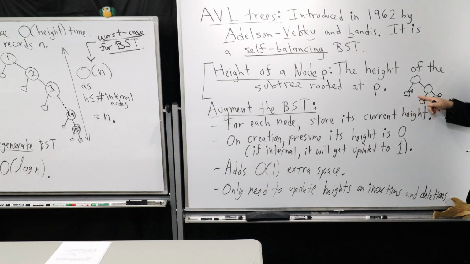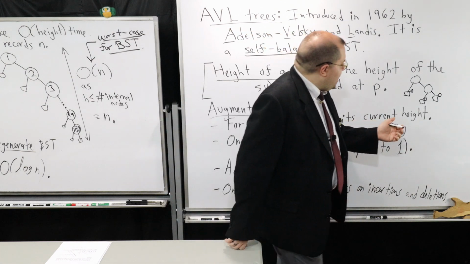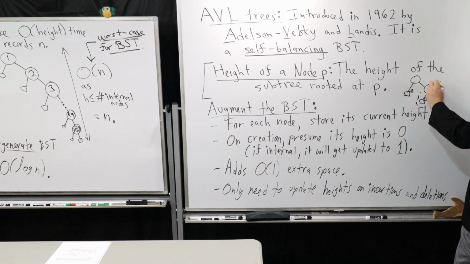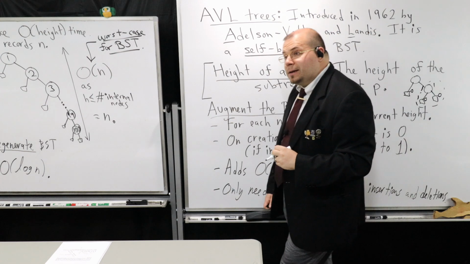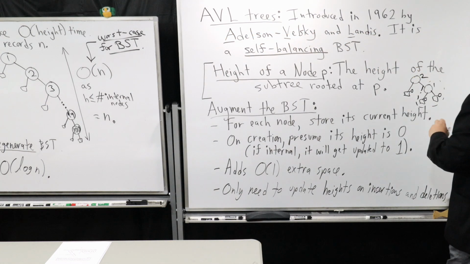For each one of the leaf nodes, the value should be 0, right? Then this internal node has height 1, because the height of that subtree is 1. And naturally, the height of this node would be 2.